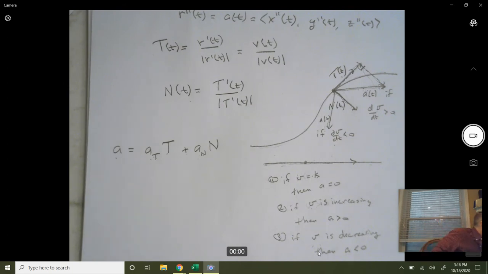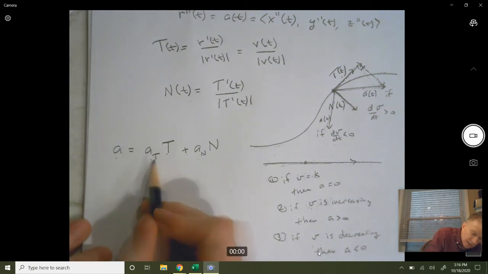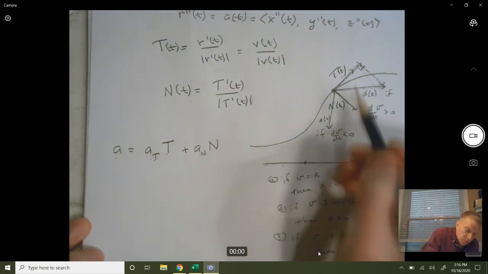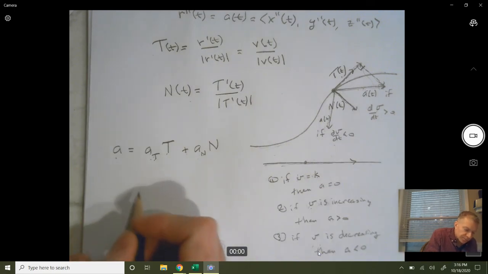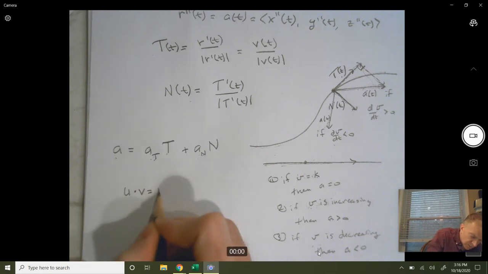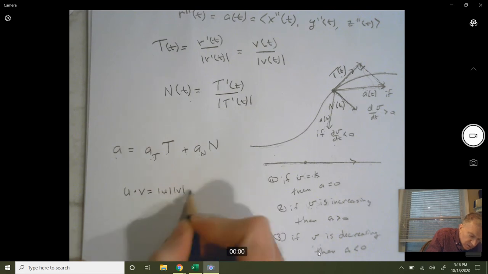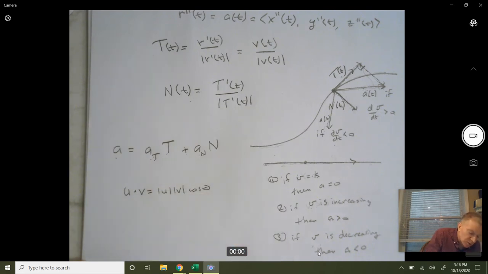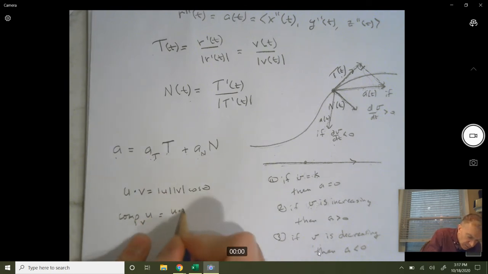Probably the easiest way to find these things is to remember our formula for a projection. Remember when we said u dotted with v is equal to the magnitude of u, magnitude of v, cosine of theta, and from that we were able to derive that the component projection, or the scalar projection of u onto v, was equal to u dot v over the magnitude of v.